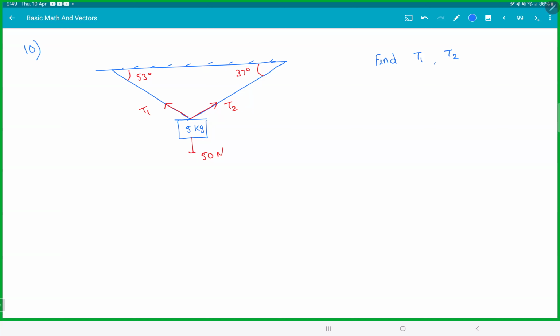Let's do this. This thing involves a little more working, but the idea is still the same.